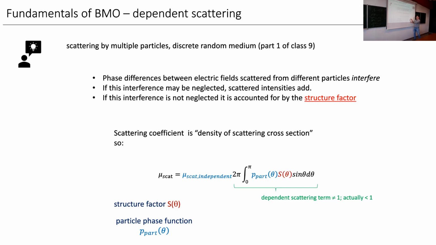That gives you a correction factor that is somewhere between 0 and 1. And that tells you that the scattering coefficient is usually a little bit reduced compared to if you would just add all the coefficients together. Yeah, so I want you to know what it is, how you should use it, like this.